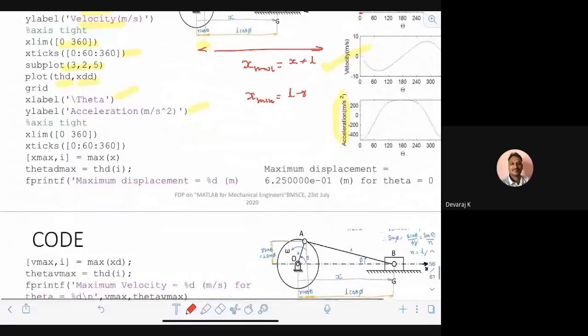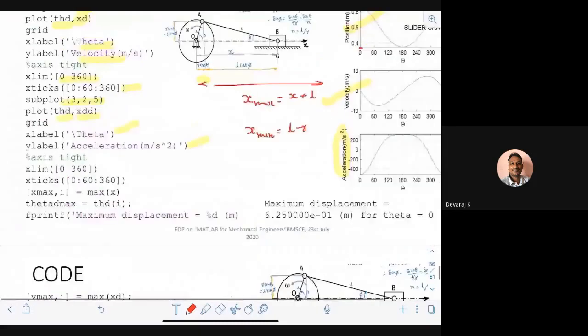So, you know, X is a vector. It has a series of displacement values at every 5 degrees. Now you say, which is the maximum value? It will tell what the maximum value is. So you can use this command called max of X. You get the maximum value. But I want to know at what angle of theta is that maximum.